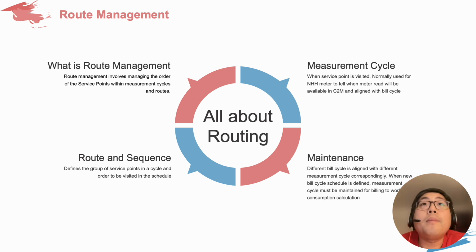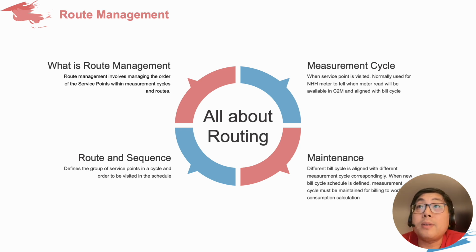Okay. There have been cases where we've seen the alignment is not in place in some of the production issues in the billing system, and what happens is the bill cycle is updated, but the measurement cycle is not updated and is left out.